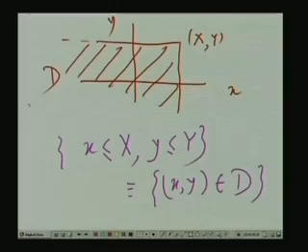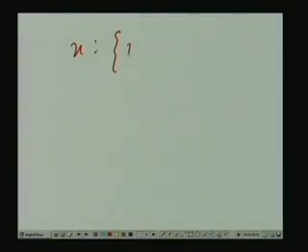Obviously, within this area, both these things hold for discrete variables also. Suppose x and y are two discrete variables. X takes values from this set: Xi, Xj, and like that.